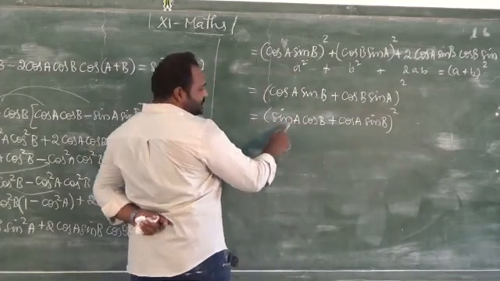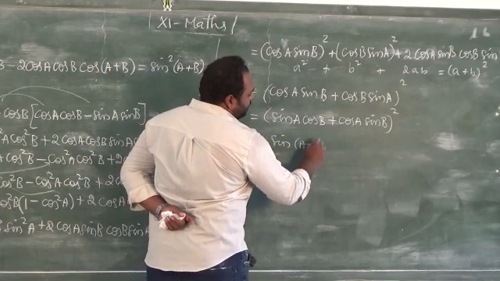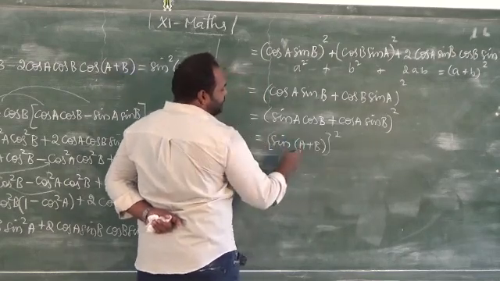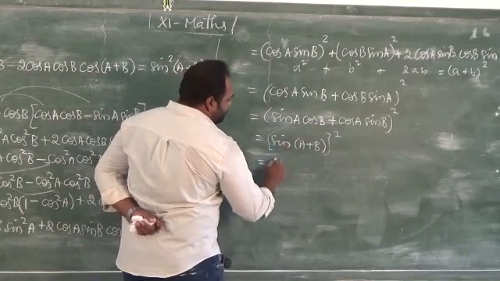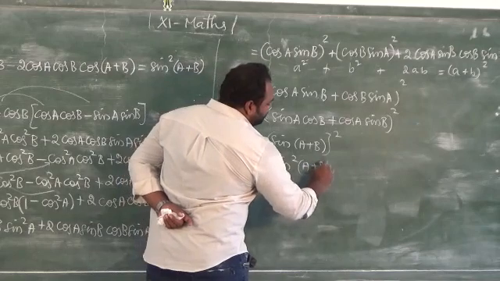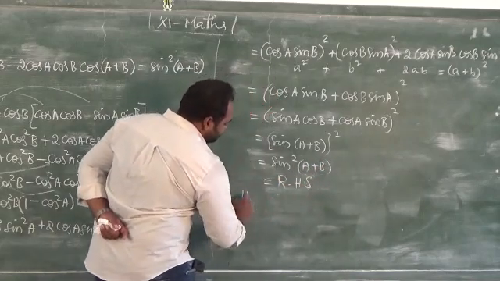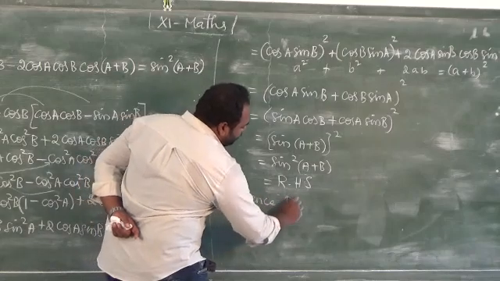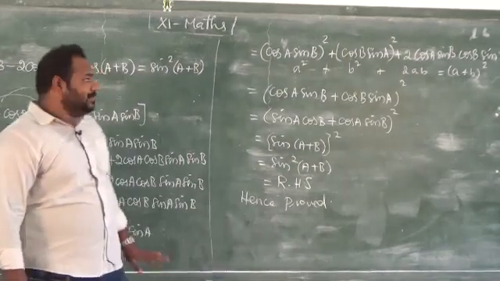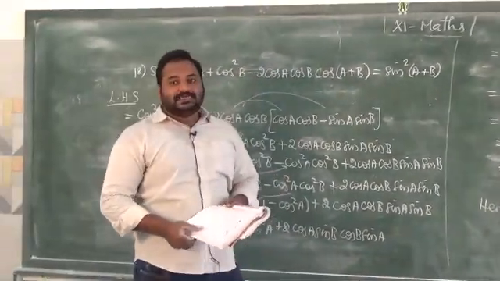If you rearrange it, we get the sin(A+B) formula. If you bring the power inside, sin²(A+B), which is the right-hand side. Hence proved. So with this we are going to complete today's class. We will see the remaining problems in the next class. Thank you.